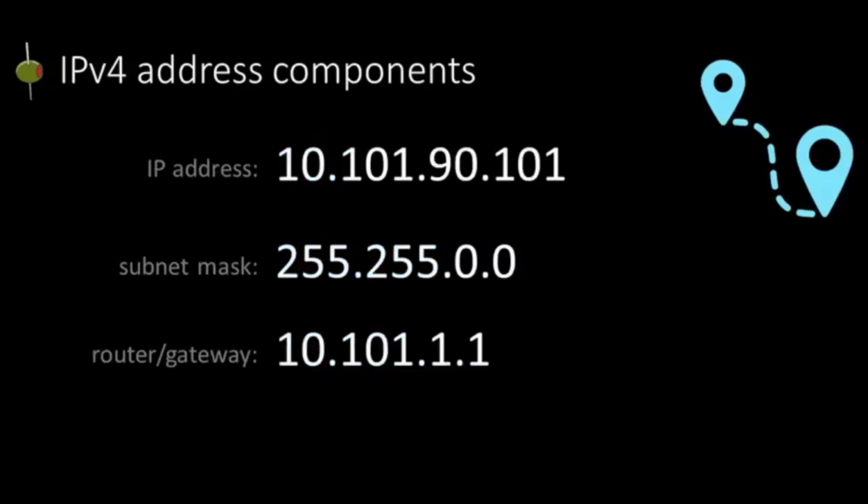The last component of an IP address is what's known as the router or the gateway, depending on what software you're using. And this is used to define where in the network a packet should go if the destination IP isn't found.